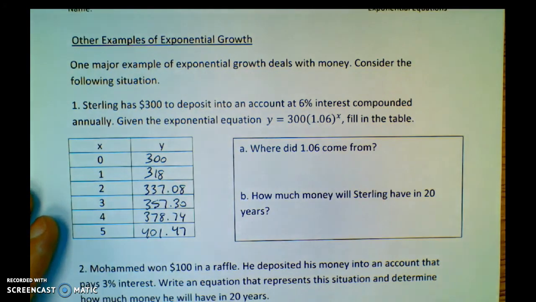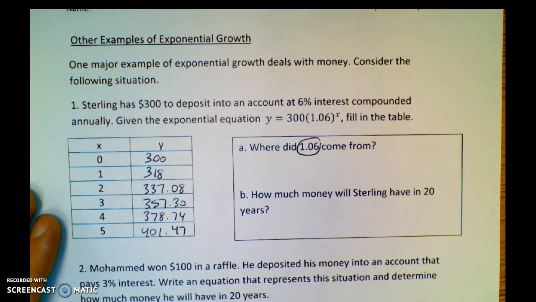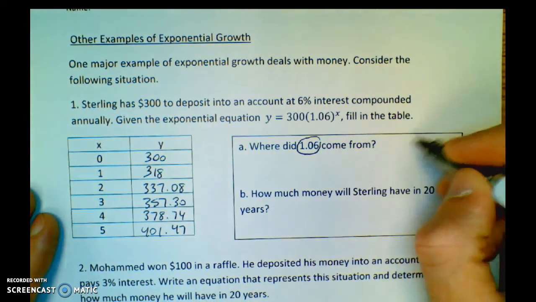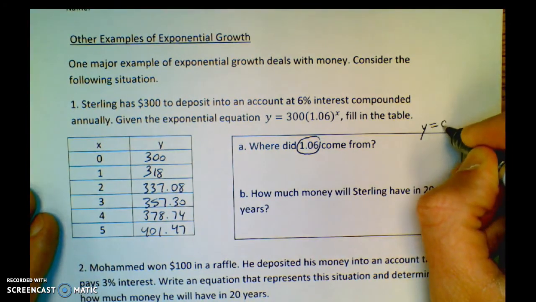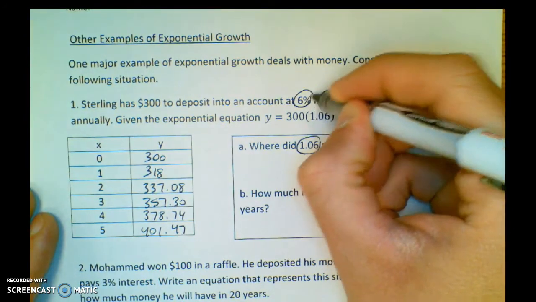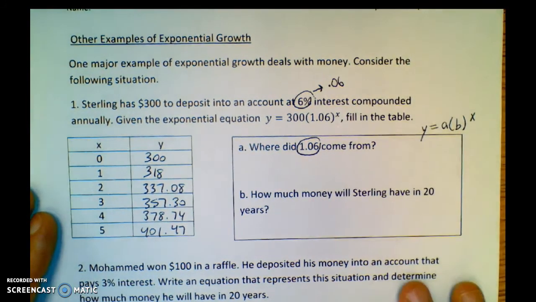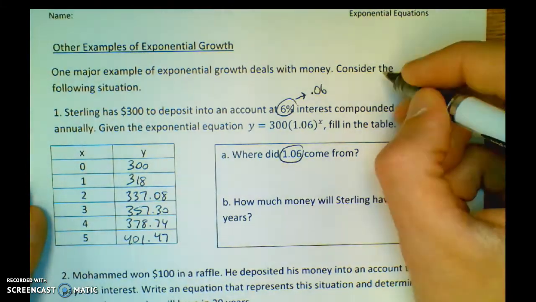In this question, where does this 1.06 come from? So we know that this is the b value in our equation, that's what you're multiplying by. But why is it 1.06? I know that 6%, if I turn that into a decimal, is 0.06, because to turn a percentage into a decimal, you just take the number divided by 100.